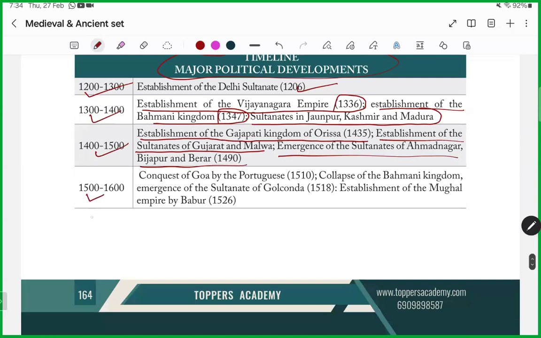And 1500 to 1600, conquest of Goa by the Portuguese, 1510. So this marks the advent of the Europeans. Collapse of the Bahmani Kingdom, emergence of the Sultanate of Golconda in 1518, establishment of the Mughal Empire by Babur in 1526.